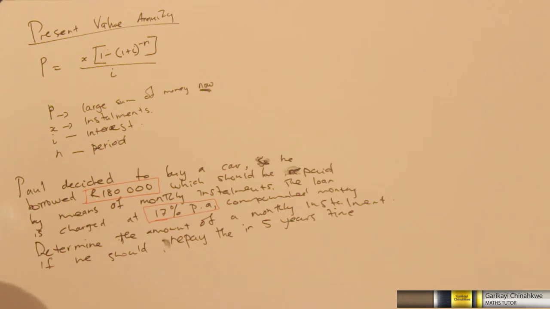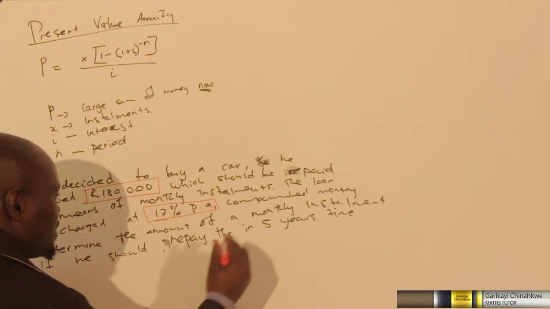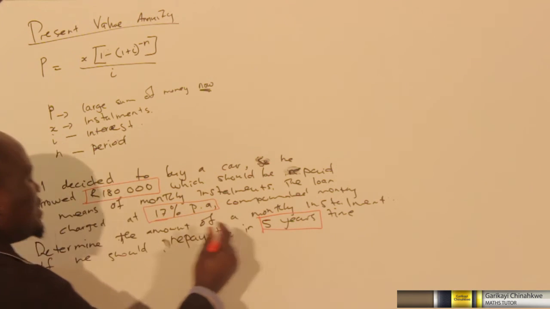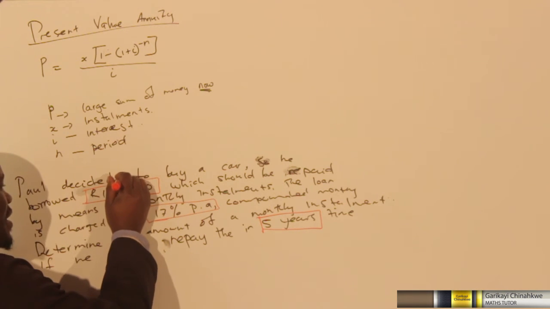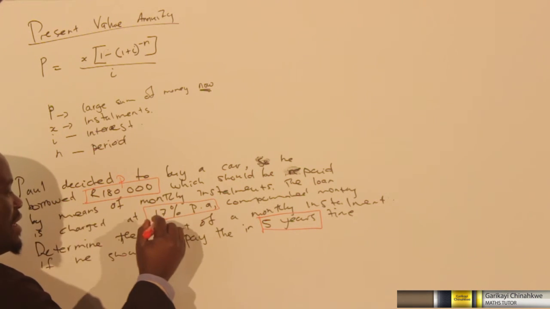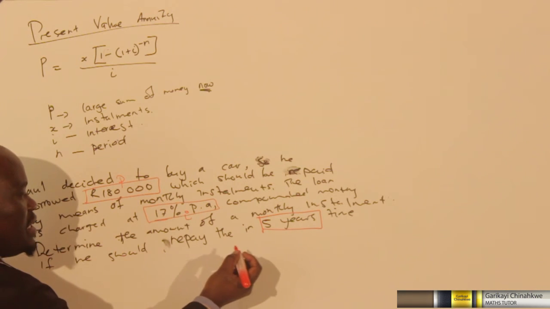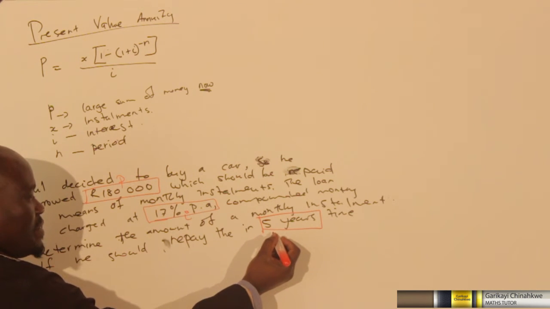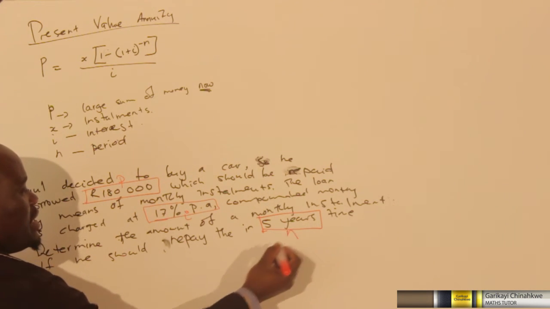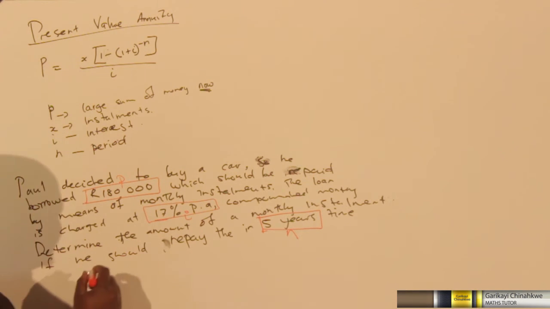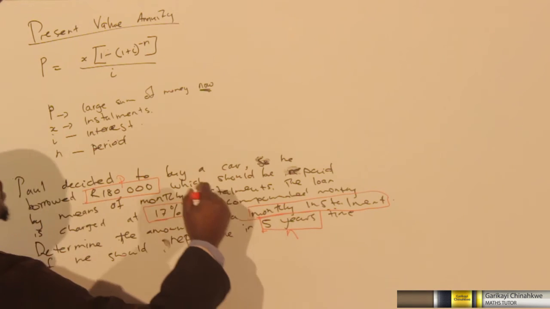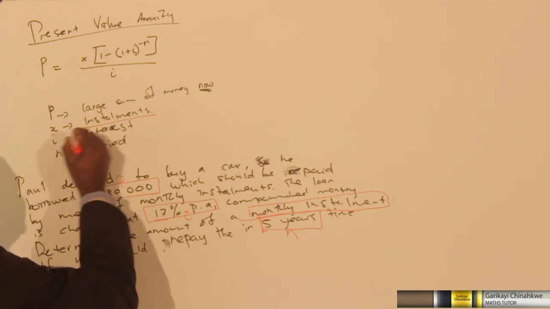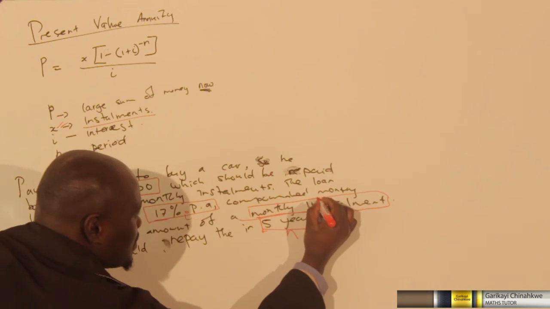So 5 years' time now. You can see that this 5 years' time is the period. So in other words, this is our present value, and then this is our I, and then 5 years' time is our N. But what are you looking for? Determine the amount of monthly installment. So this is an installment which gives us what? X. So this is our X.